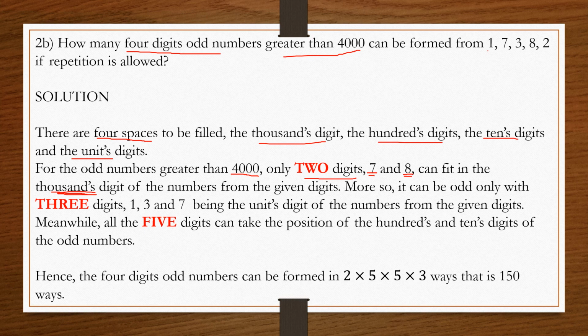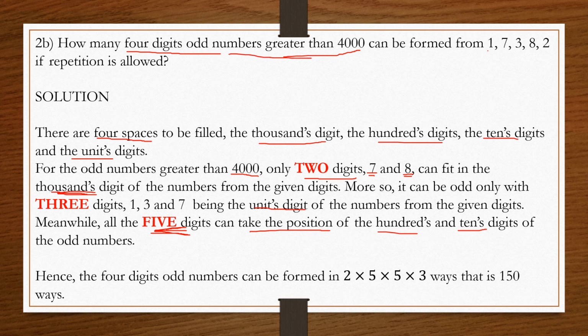Now for the hundreds, all 5 digits can go, no problem. For the tens, the 5 digits can also go. But when it comes to the units, we need only odd numbers, because we want odd numbers greater than 4,000.